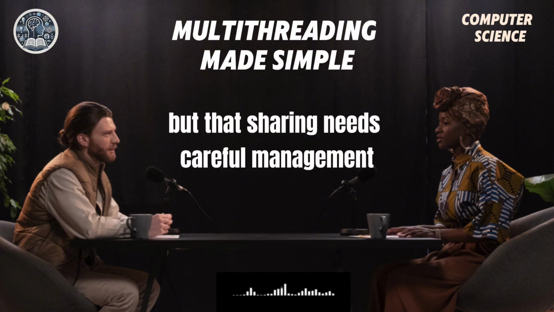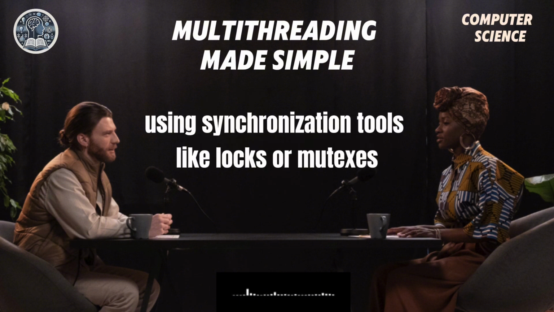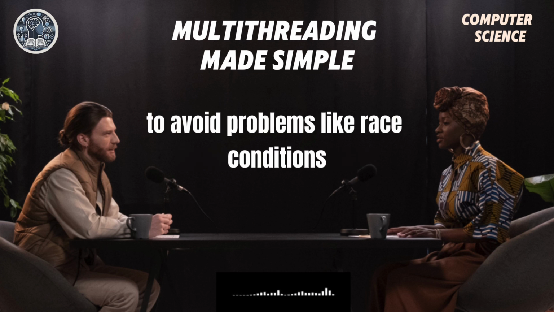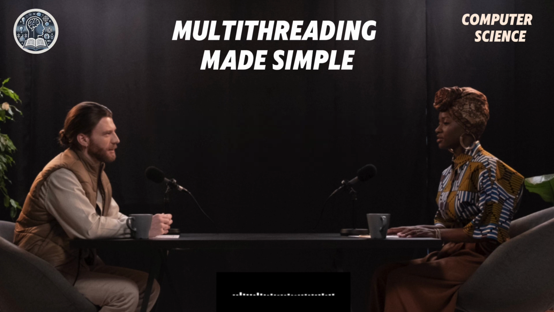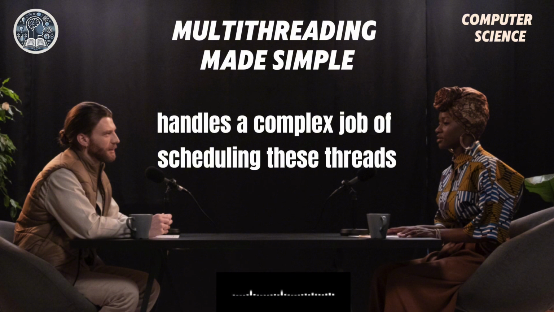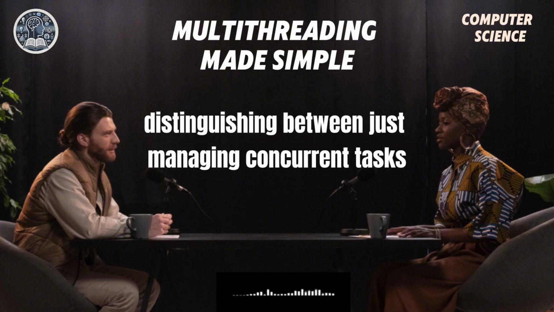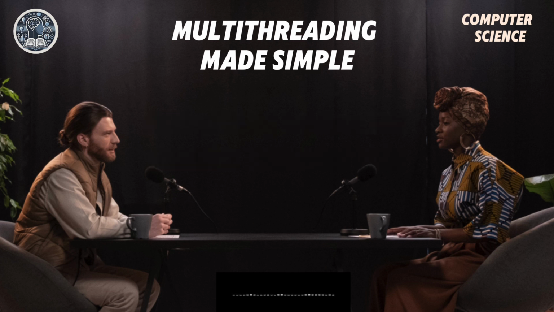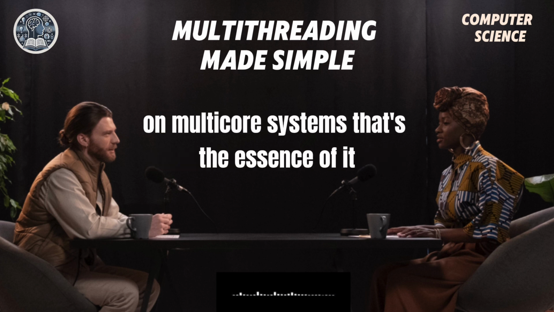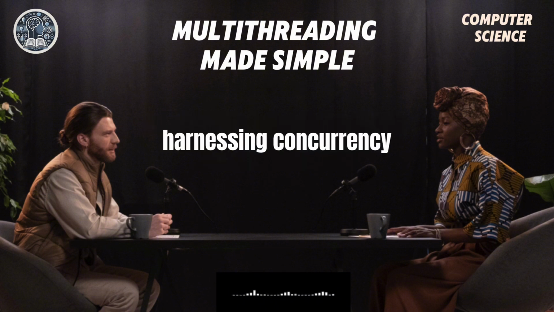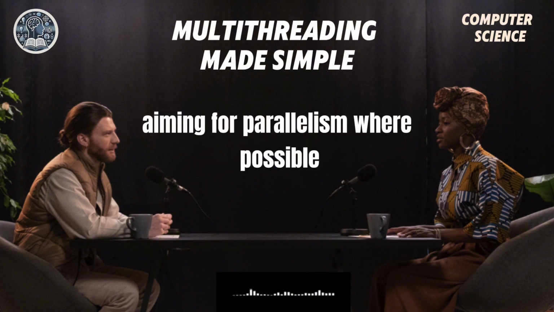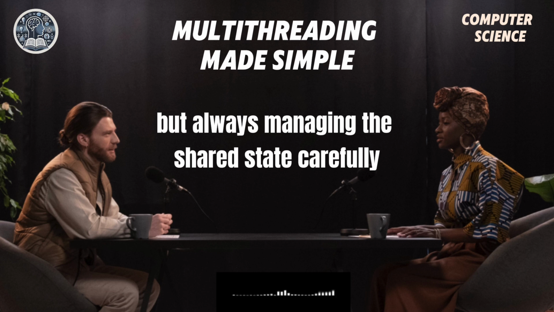But that sharing needs careful management using synchronization tools like locks or mutexes to avoid problems like race conditions. And the OS handles the complex job of scheduling these threads and switching between them, distinguishing between just managing concurrent tasks and enabling true parallel execution on multi-core systems. That's the essence of it. Harnessing concurrency, aiming for parallelism where possible, but always managing the shared state carefully.